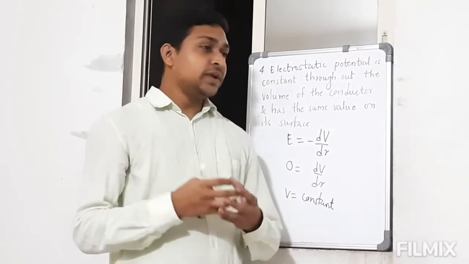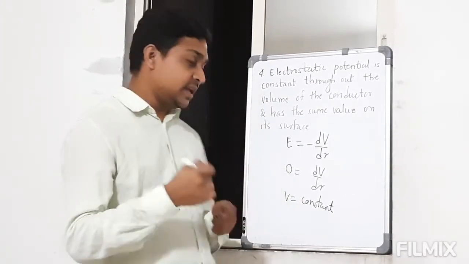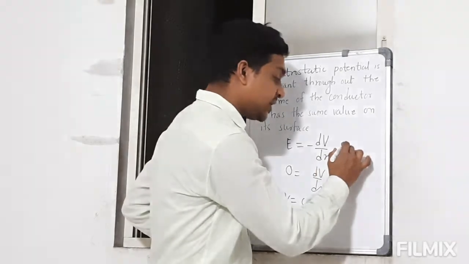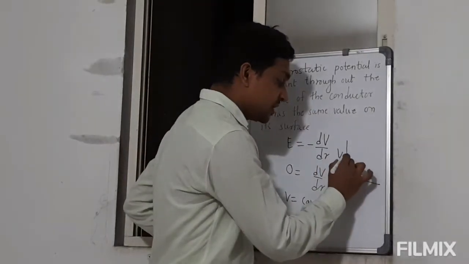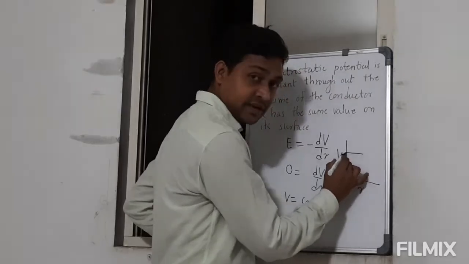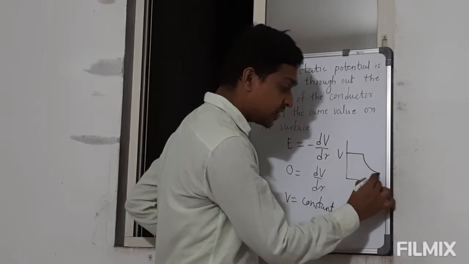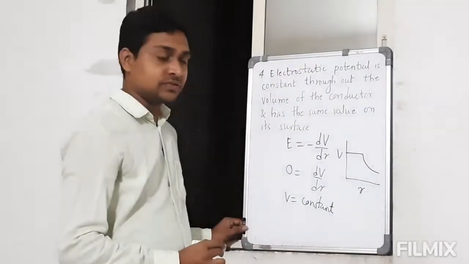Again, we found the electrostatic potential for the spherical shell, and in the spherical shell we observe that the graph is like this: from the center to the surface the distance it is constant, and from outside it varies inversely proportional to r.